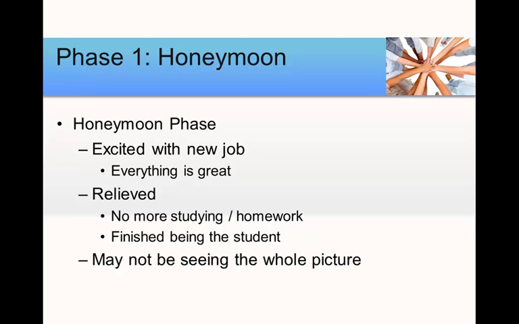And usually during the entire time, you have a preceptor that's with you for 6 to 12 weeks or however long the orientation phase is. So you're excited with your new job, everything is great, you're laughing, you're learning, you're relieved because you don't have to study, do any more homework, you're not being a student anymore. But truthfully, in the honeymoon stage, you're really not seeing the entire picture.